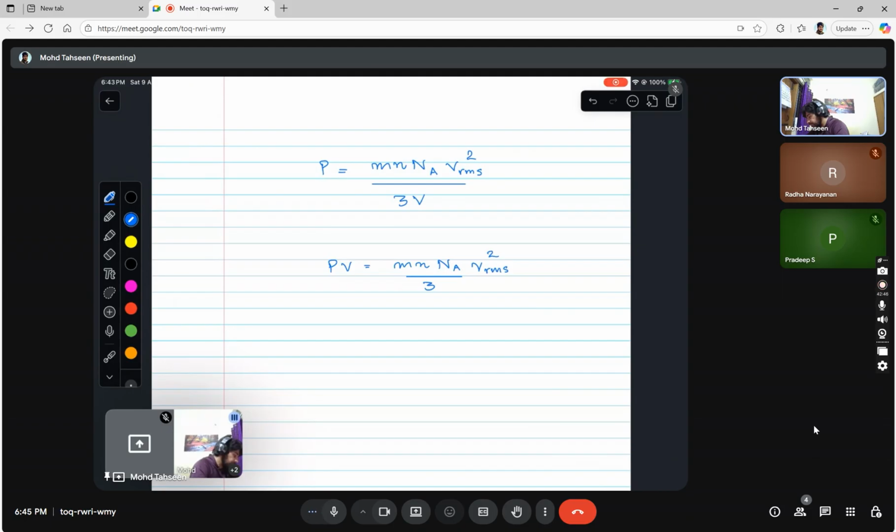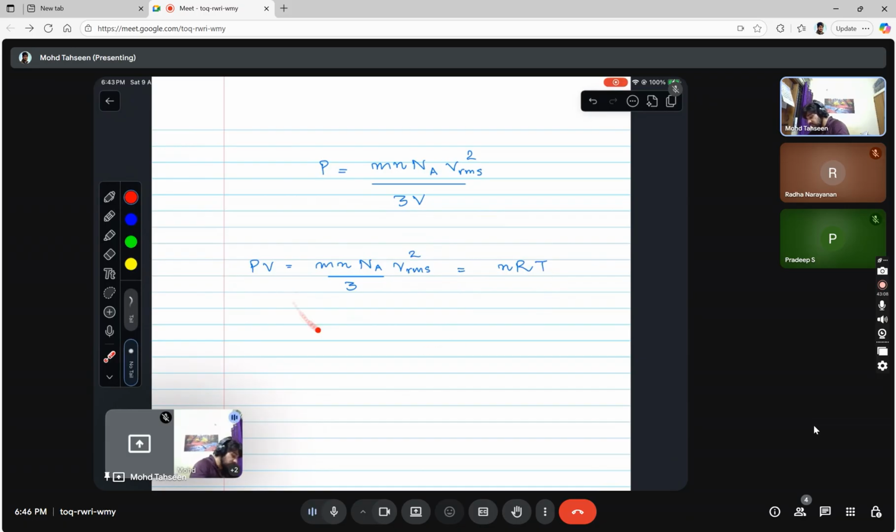Now we know, for example, from Charles' law, that pressure is proportional to temperature, and from Boyle's law, we know that pressure is inversely proportional to volume. So if we put all that together, we get the ideal gas equation, that PV is also equal to nRT.